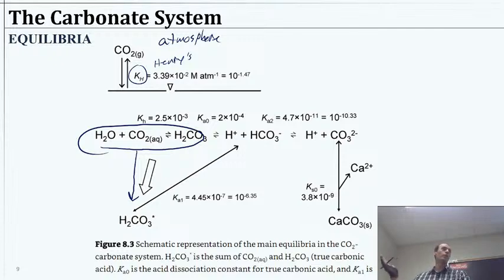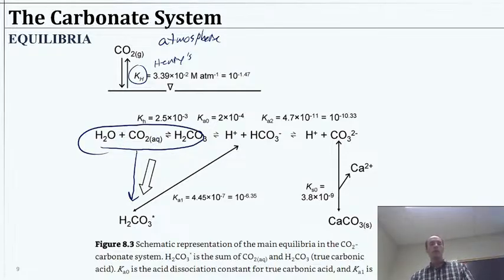Even though there's an equilibrium there, we're just going to treat it all the same, because functionally it's going to act the same. We've got it into the water, and that's what matters, all right? That's why, if we've ever talked about it, we've seen the little star. It just means it's also including the dissolved CO2 that's technically not reacted with water yet, but it will.